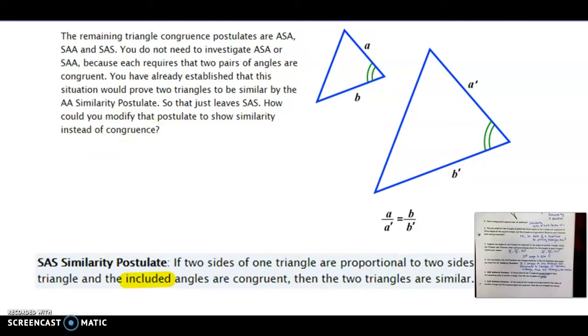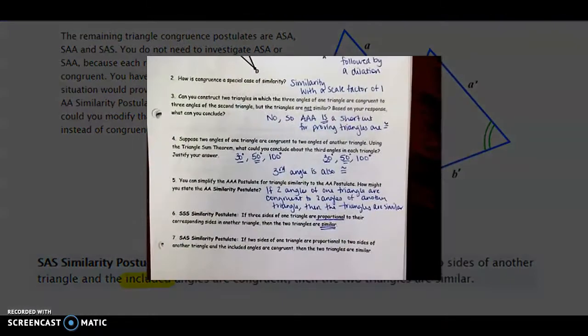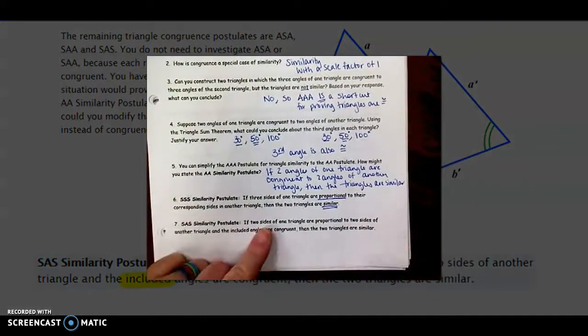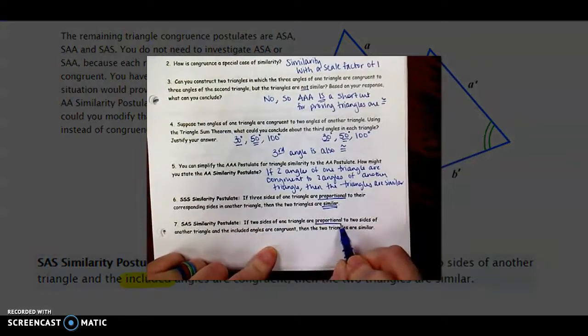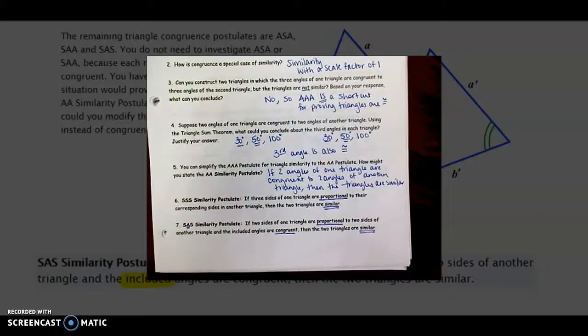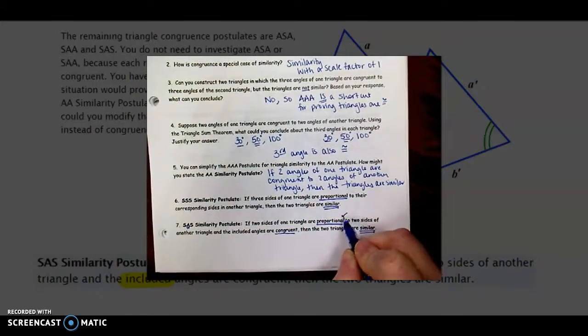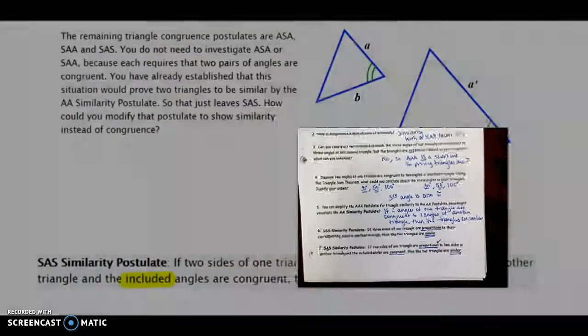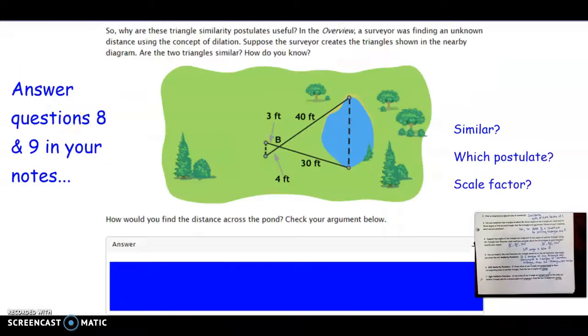But with the SAS Similarity Postulate, it says if two sides of one triangle are proportional, underline that word proportional again, to two sides of another triangle, and it's still the included angle, just like it was for congruence, and the included angles still have to be congruent for similarity, then the two triangles are similar. So the only difference is the word proportional for the sides. That's the only difference in the two SASs.